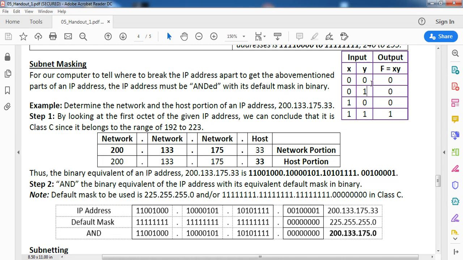So you use 0 in the AND logic function to reset the bit to 0. In order to retain them, we use 1. And that is what happened here, because the first 24 bits of the default mask are all ones.